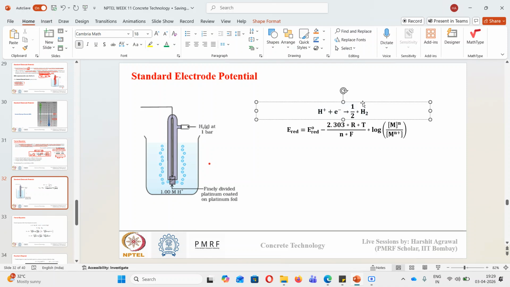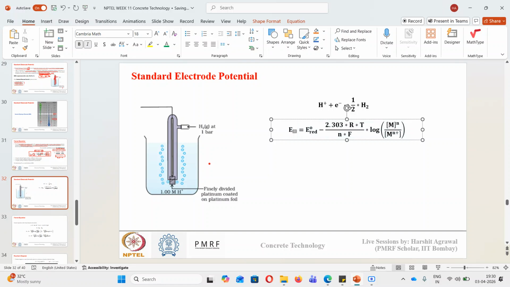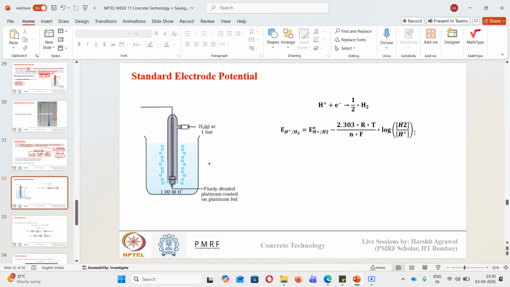So if I write the Nernst equation for this, E reduction for H+ converting into H2 will be given by E naught reduction, the standard reduction potential for H+ converting into H2, minus 2.303 RT upon nF log of the product, the concentration of H2, upon the concentration of H+ ion. So this is how we can write the Nernst equation.